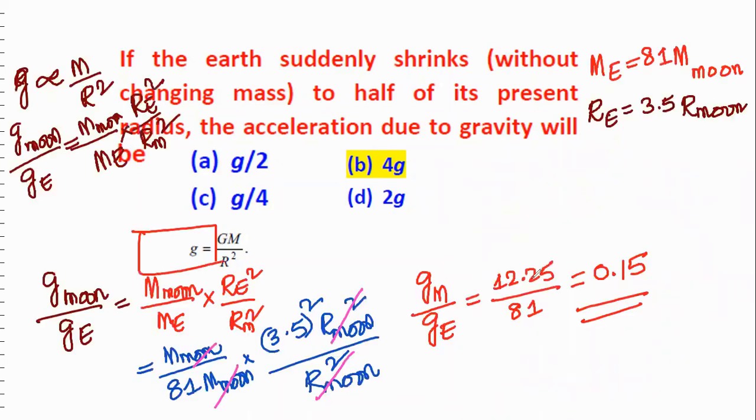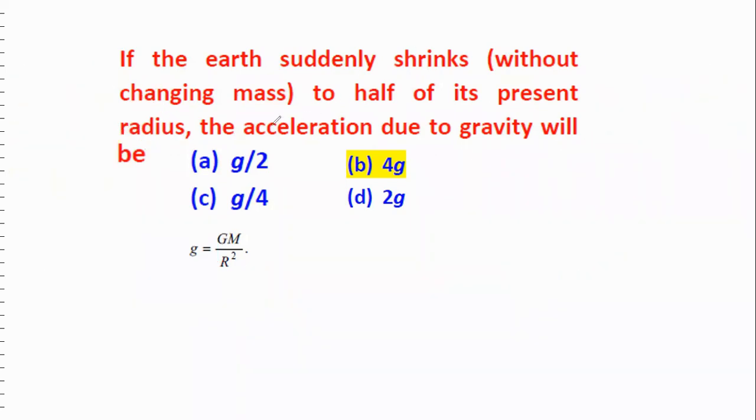But here what is given? Here it is given that the earth suddenly shrinks without changing mass, clearly they mentioned, to half of the present radius.